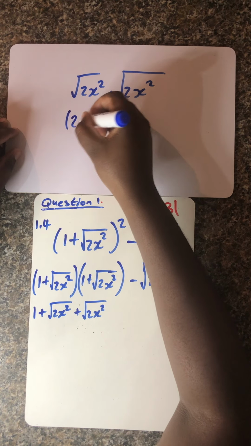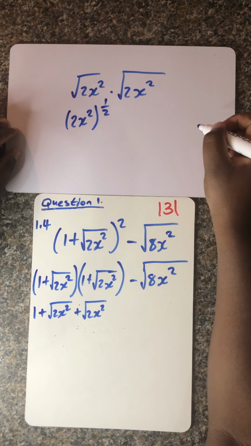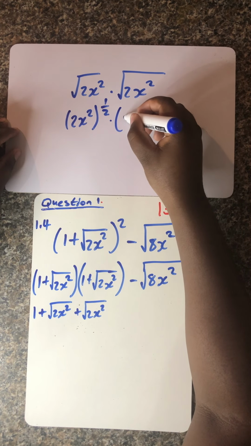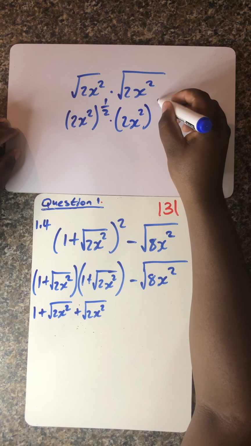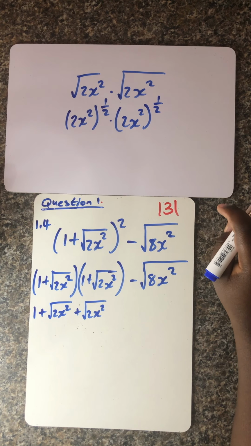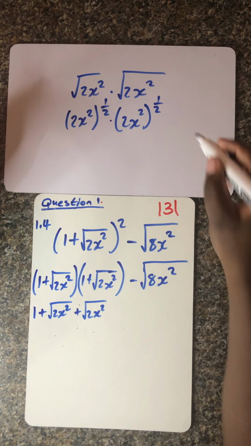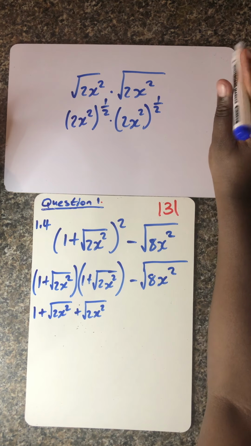This is the same as 2x squared to the exponent 1 over 2, isn't it? And again, this is being multiplied by 2x squared to the exponent 1 over 2. Do you agree, ladies and gentlemen? Because I just told you that square root is the same as whatever is inside to the exponent 1 over 2.